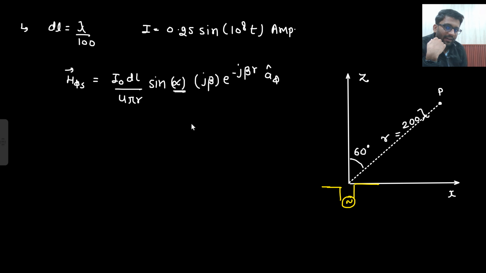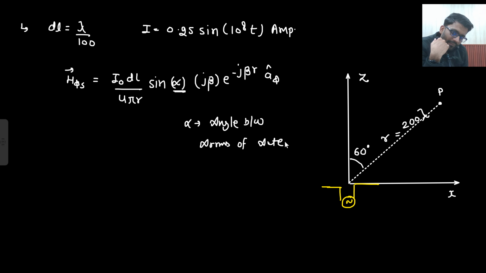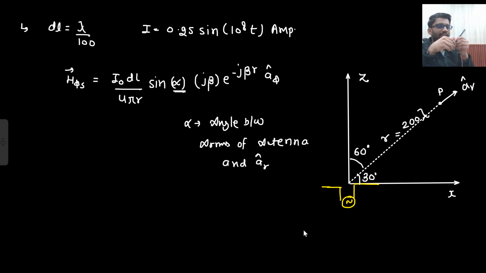If I call this angle alpha, then alpha is the angle between the arm of antenna and a_r cap. Where is your a_r cap? This is my a_r cap, right? And this is my arm of antenna. So this angle I need to put here. Are you getting this point? Angle between the arm of antenna and a_r cap. So 30 degrees, this angle I need to put.